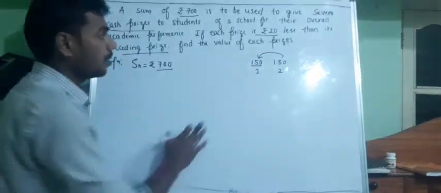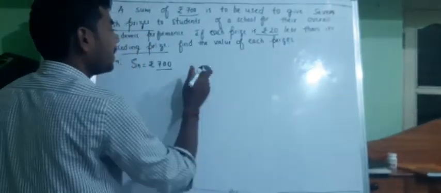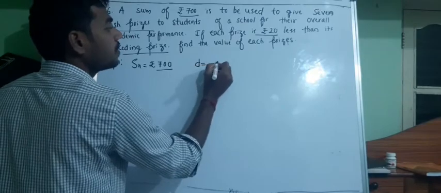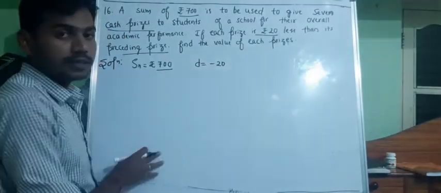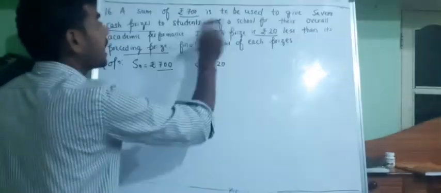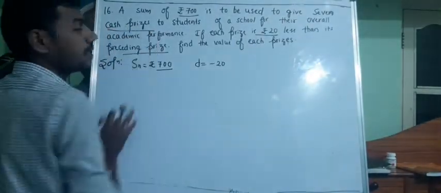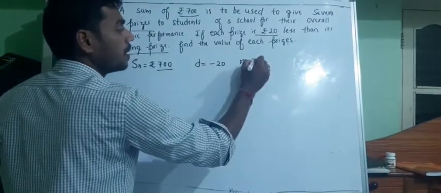Understood? So in the similar way, what will be D? D will be minus 20. How many cash prizes the school has to give? 7 cash prizes. That is N is equal to 7. Now what we need to calculate? We need to calculate the 7 cash prizes.